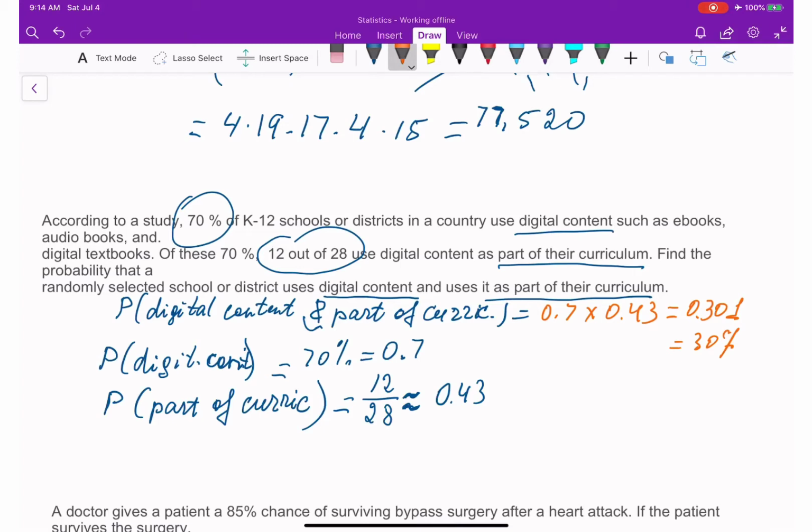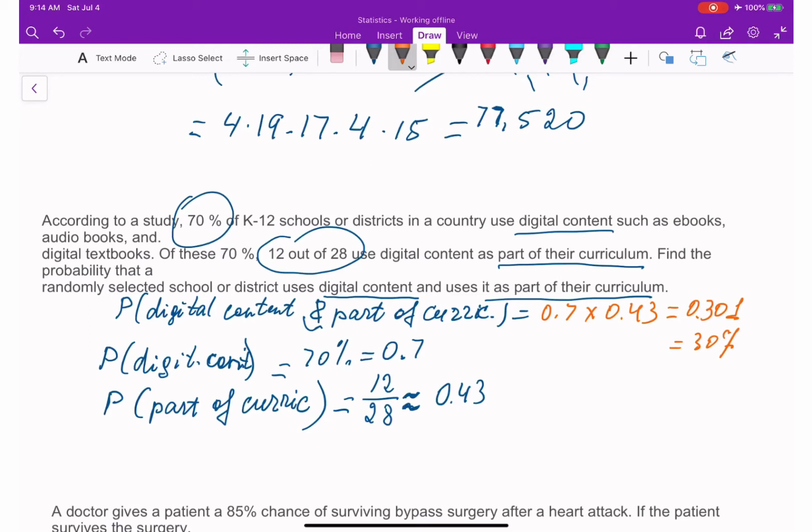One thing I want you to pay close attention to: it always tells you in parentheses to what decimal place to round.